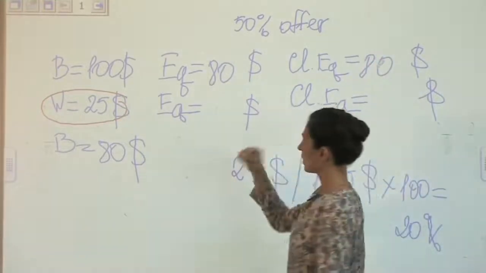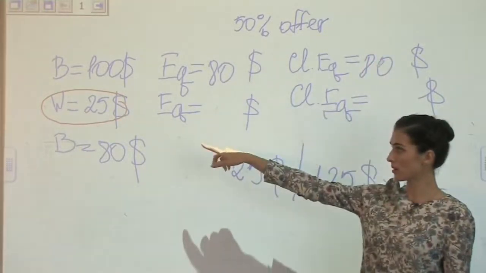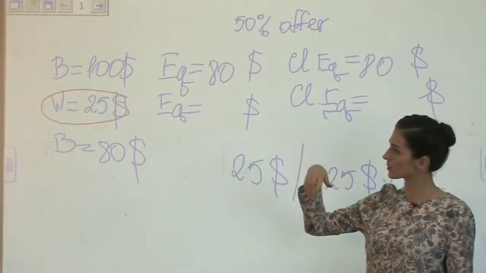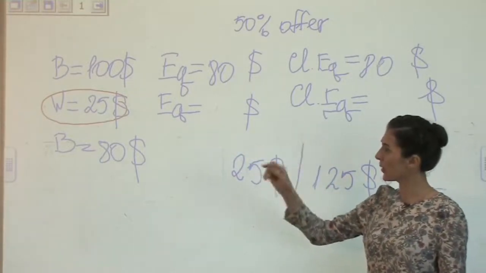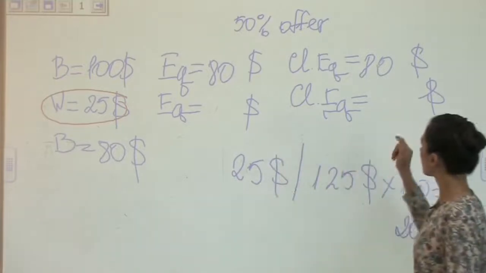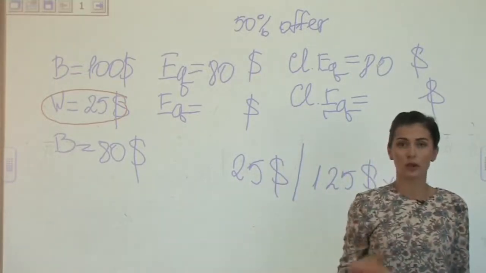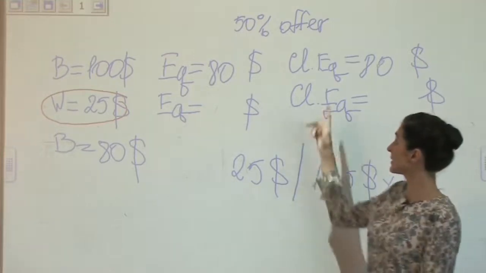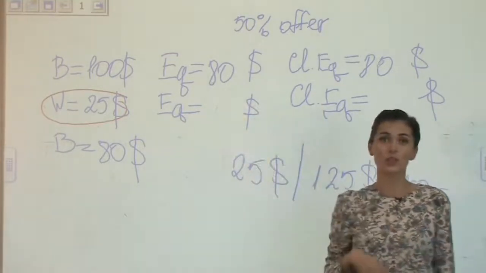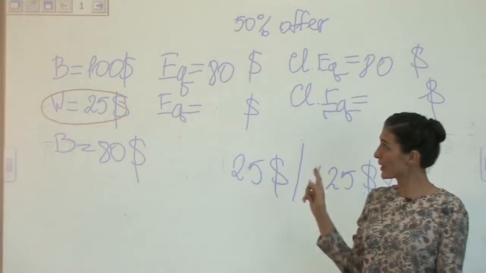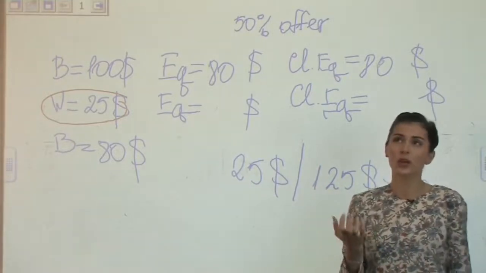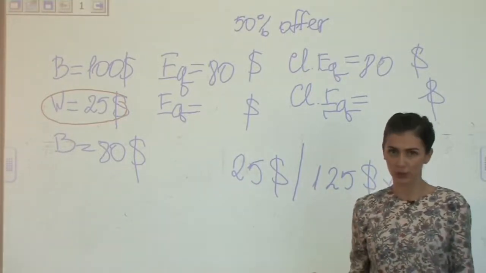So if we want to withdraw funds, $25, let's guess 25, okay? So the clean equity will decrease by $25, and the equity stays the same, because in this situation, in the equity, we don't have any remuneration.